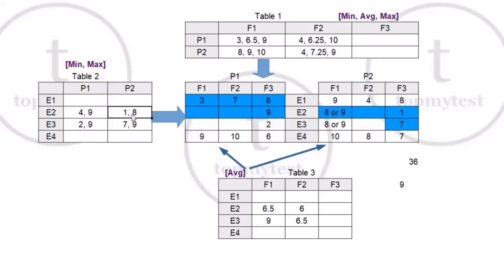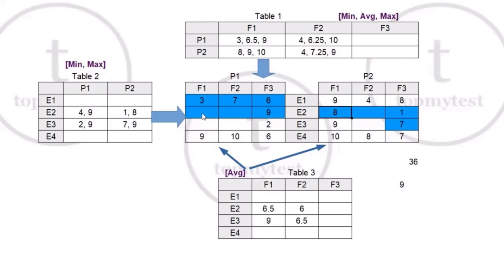Now if you look at E2 from table 2, for E2 product P2, the ratings should be in the range 1 to 8. So the minimum should be 1, maximum should be 8. There cannot be a 9 here. So this F1 should be 8 by E2 and 9 by E3. This is done.